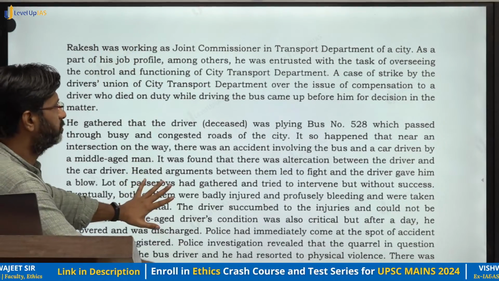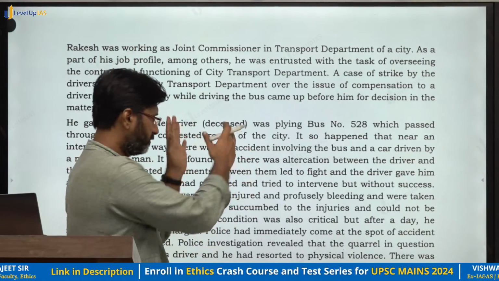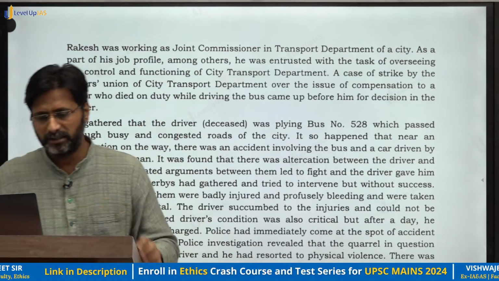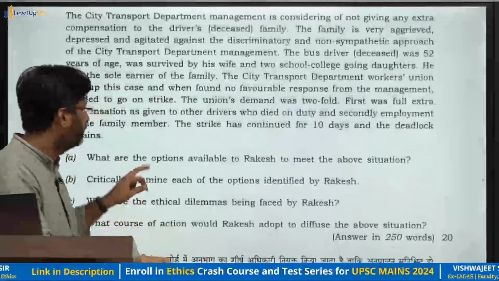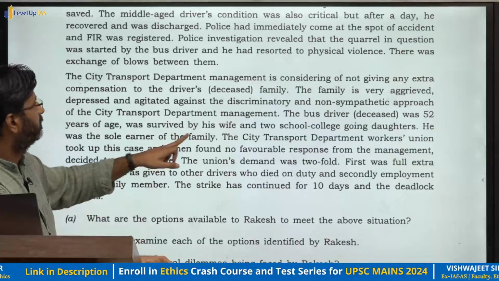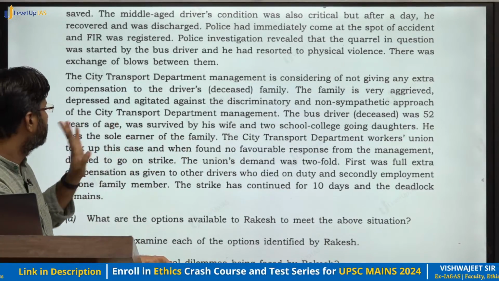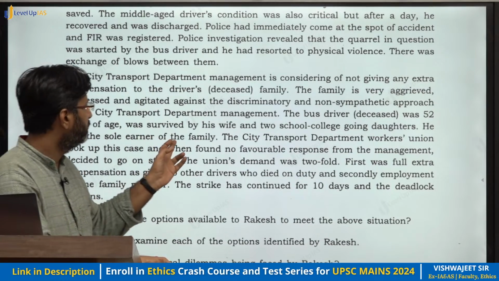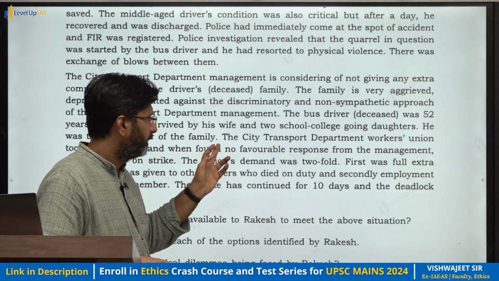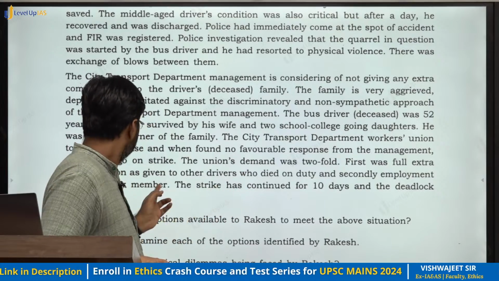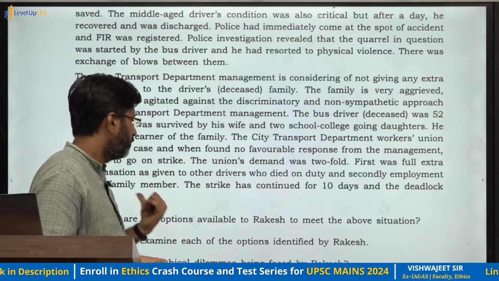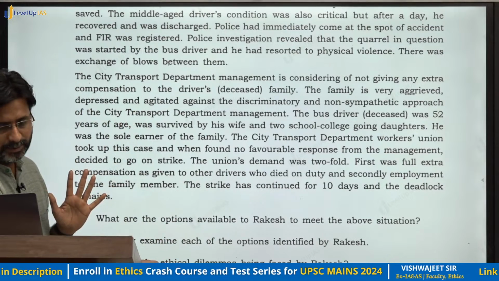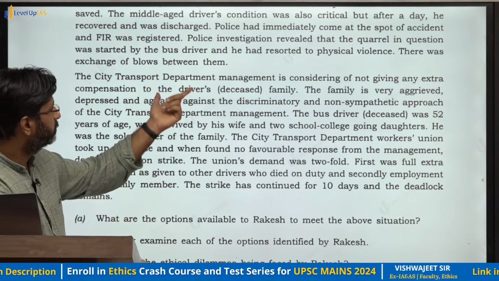There are details of facts, but the main point is that the department staff, the drivers, are doing the dharna, they are doing the protest, and this strike has continued for 10 days and the deadlock remains. So, for the last 10 days nothing has happened. They are asking for so many things.